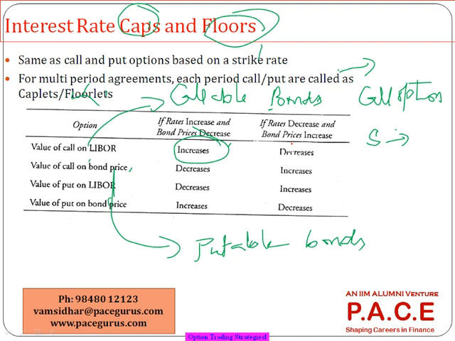Both of them are positively correlated. Here also, when the interest rates are falling, because of the inverse relationship between the interest rates and the bond prices, the bond prices will go up. The prices going up is an indication that the call option premium will typically go up. The same logic you can infer with respect to the put option.